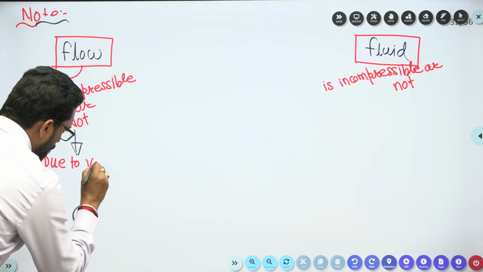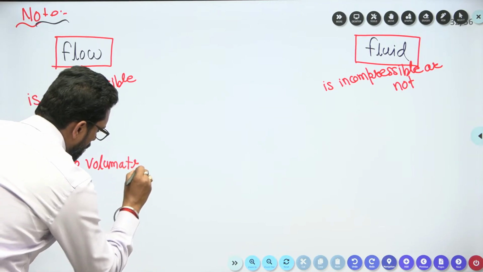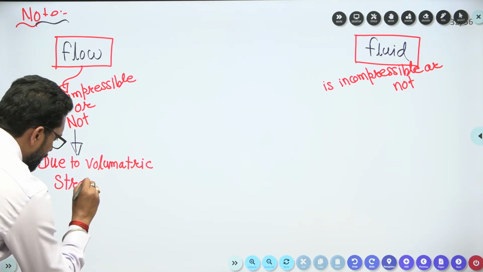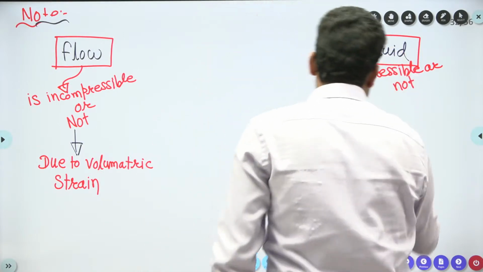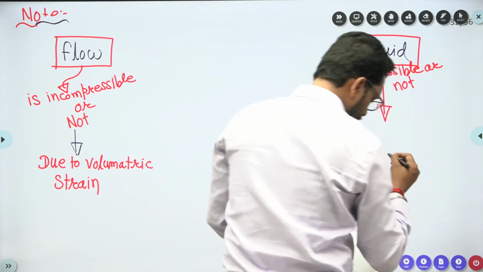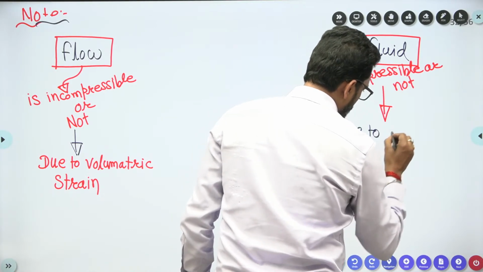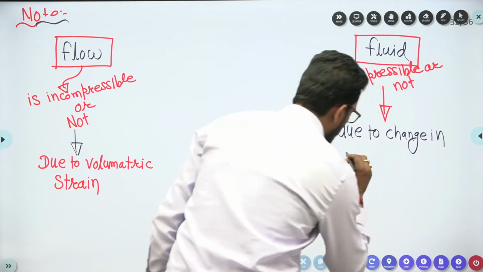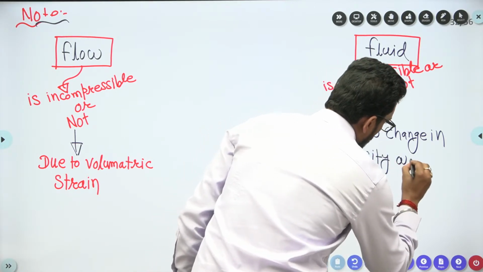Due to the volumetric strain. And whether the fluid is incompressible or not is due to the change in density or not. That means due to change in density or not.